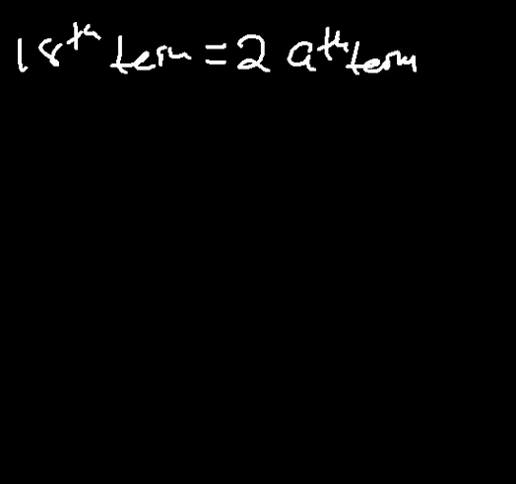So now find the ratio of the sum of 18 terms to the sum of 9 terms. So try to go through this problem at your own time. You should look for the solution of this problem on your own.